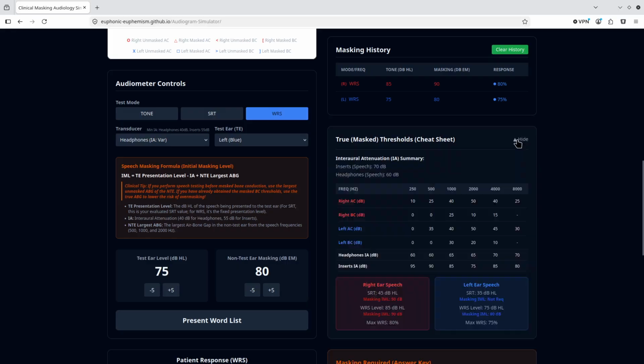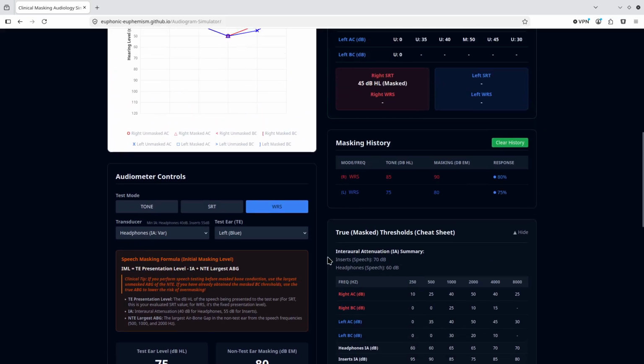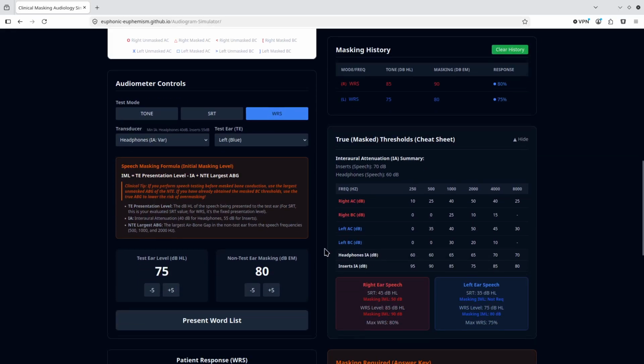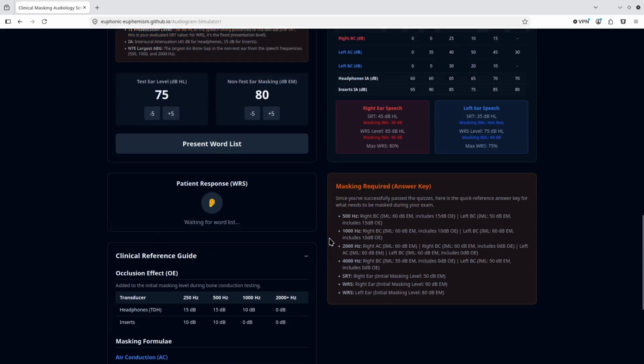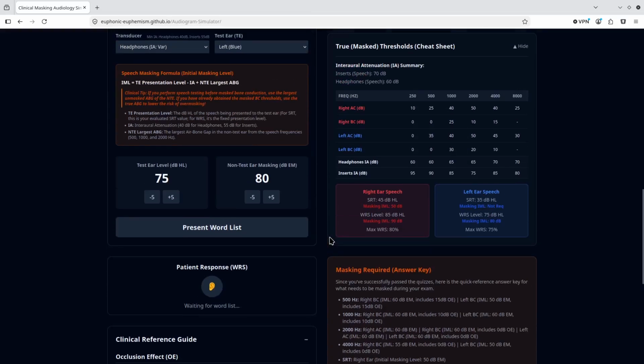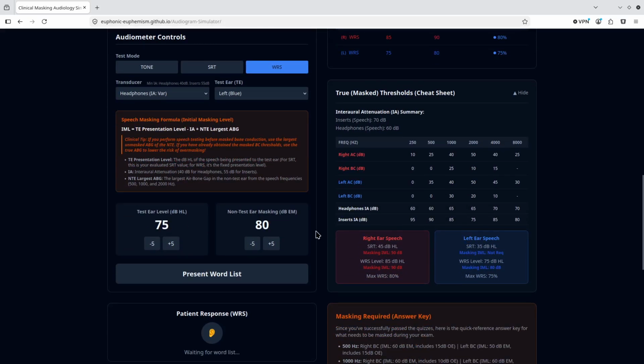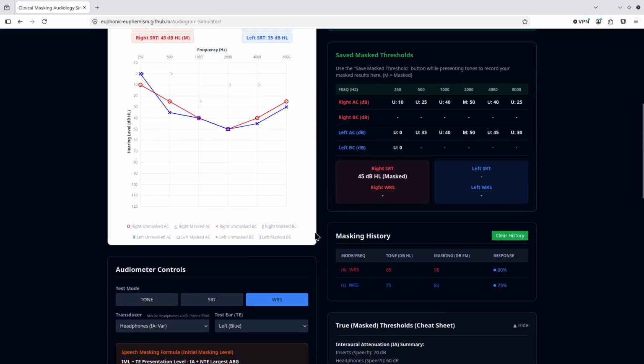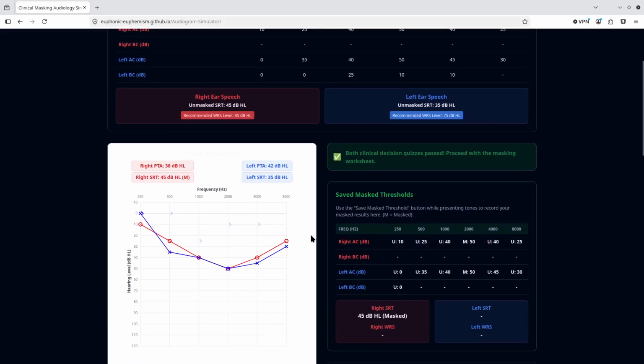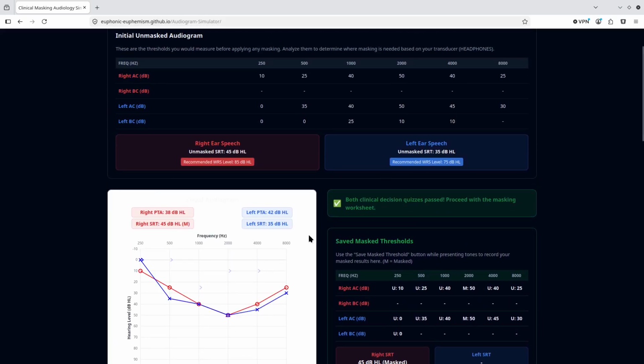We'll check our cheat sheet here, and 75 and 80, that's correct, and max word rec 75, so we are exactly right for word rec on that one too. So we're good for word rec, and we are good for SRTs. We just need to move on to masked bone conduction thresholds.